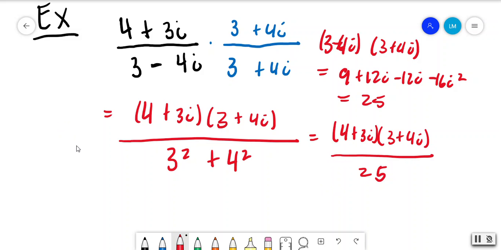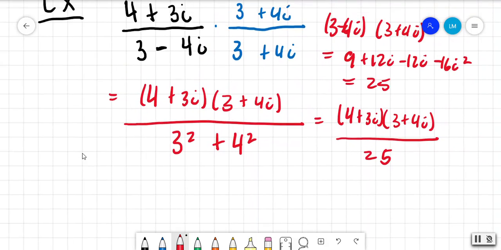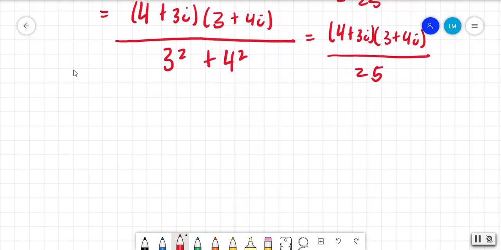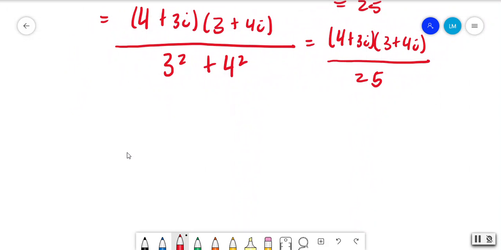Now the next step is that you want to multiply through. So that's going to be equal to 12 plus 16i plus 9i.